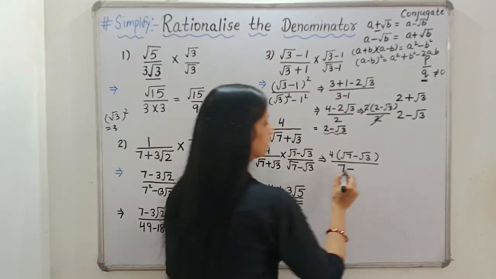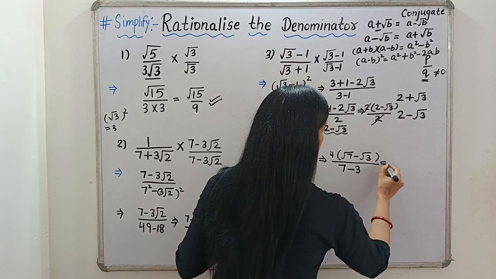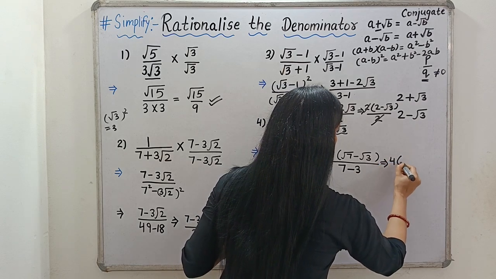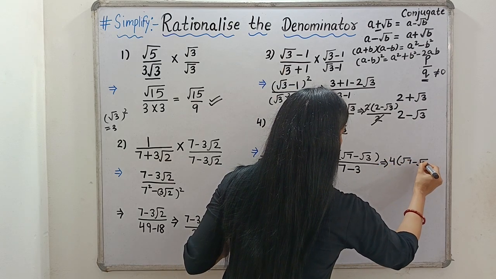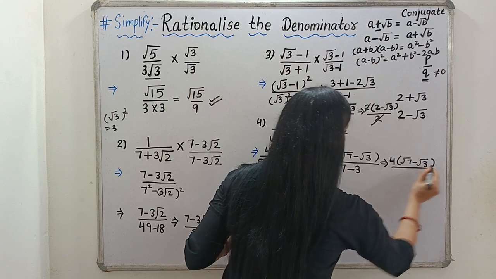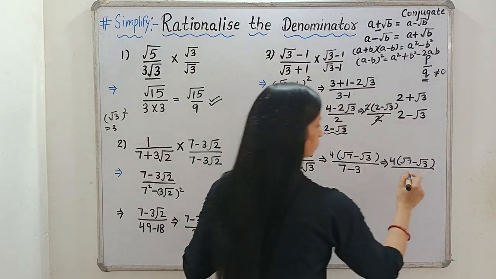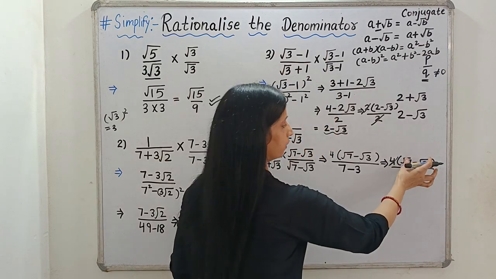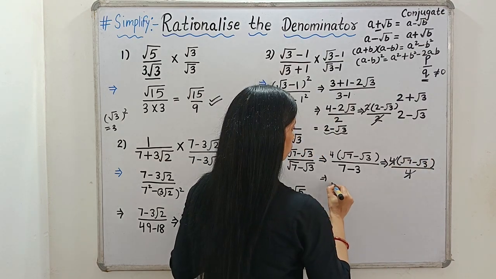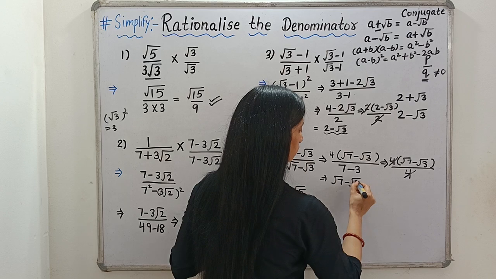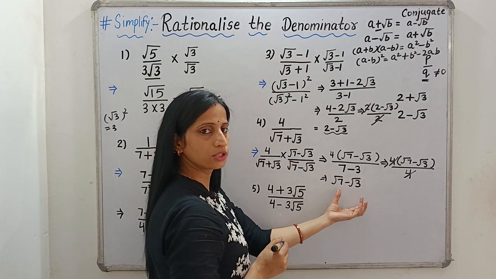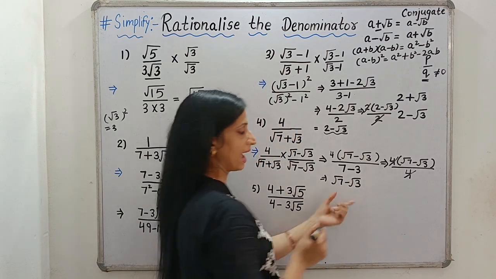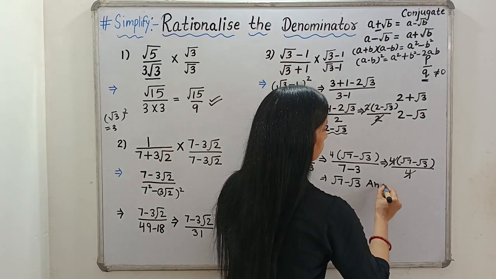Root 3 square will be 3. Okay. So let's further solve it. 4 root 7 minus root 3 upon 7 minus 3, 4. So you can see we can cancel this and we are left with only root 7 minus root 3. Either you can write root 7 minus root 3 upon 1 or you can leave it as it is. So this will be our answer.